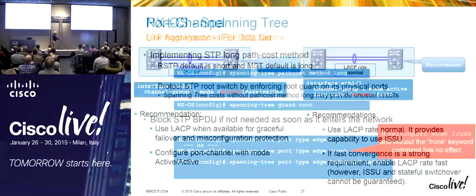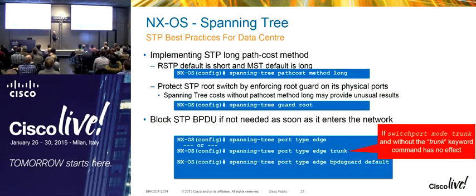The other problem, I had a customer, they kept failing ISSU upgrades on the Nexus 7Ks because the switch would stop and say, no, I saw a TCN come through, I'm not going to do the upgrade. That's 10 minutes after it starts, right? It tells you that it's not going to do it anymore. Why? Because the operations team did spanning-tree port type edge, and they forgot the trunk keyword for every ESX server.